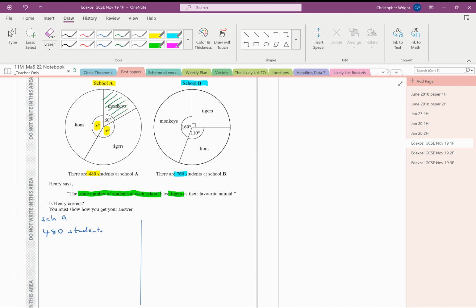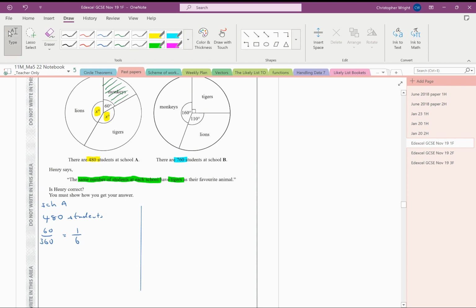That's 60 degrees out of the 360. So it's actually 1/6 of the students like monkeys. How many students is that? Well, 1/6 of 480. 6 into 48 goes 8. So 80 students like monkeys.